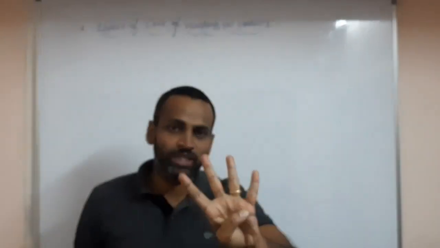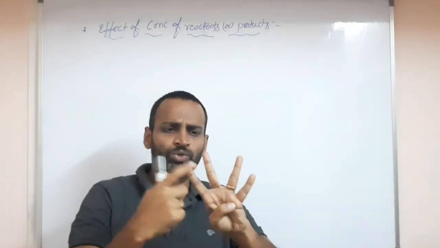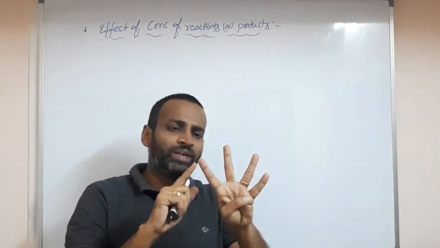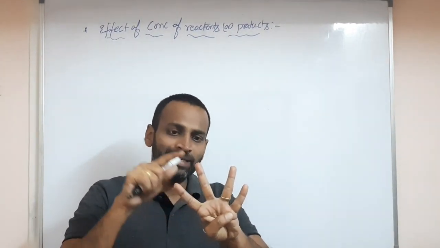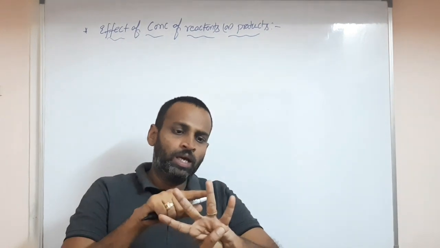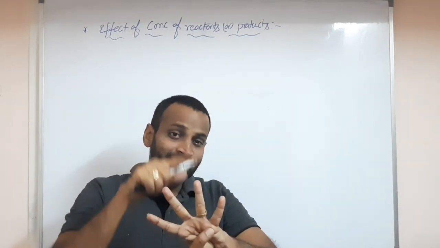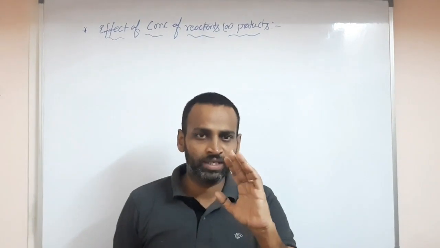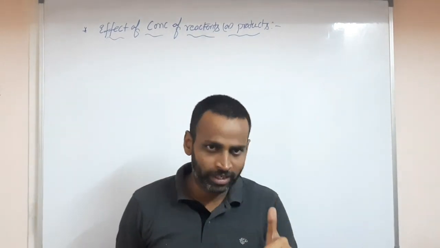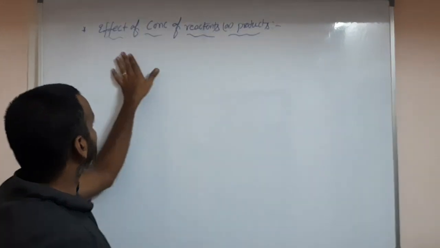Here you have to remember four things. If reactant concentration increases, what happens? If reactant concentration decreases, what happens? If product concentration increases, what happens? If product concentration decreases, what happens? These four points are the most important.